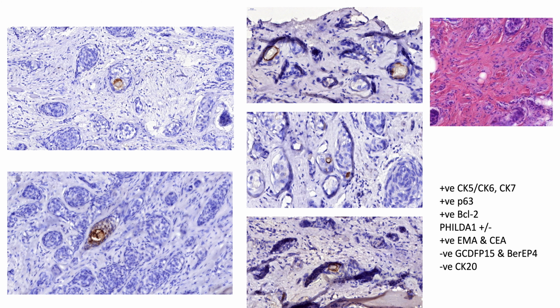Now, the important thing about MAC is, although it's regarded as a low-grade sweat gland carcinoma, and low-grade implying lack of metastatic potential, that does not mean that it doesn't have a potential very high morbidity. The tumor shows somewhere between 40 and 60% recurrence rates.